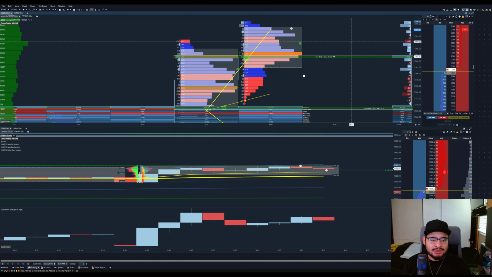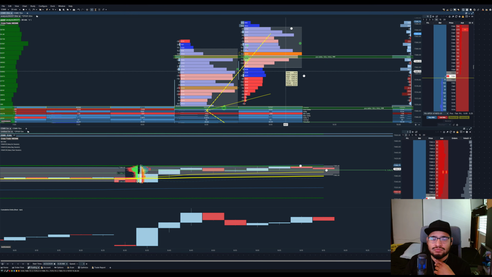It's an okay setup till we have exhaustion on the low end. I just don't like the top of the candle.